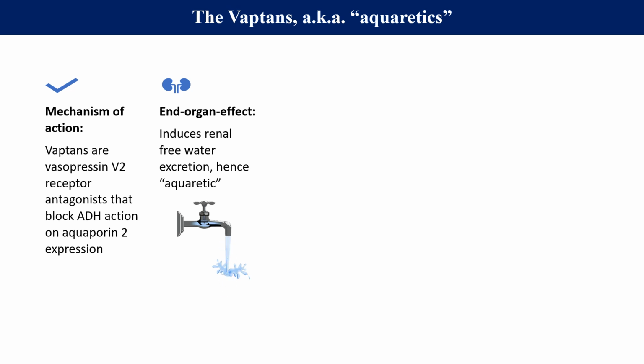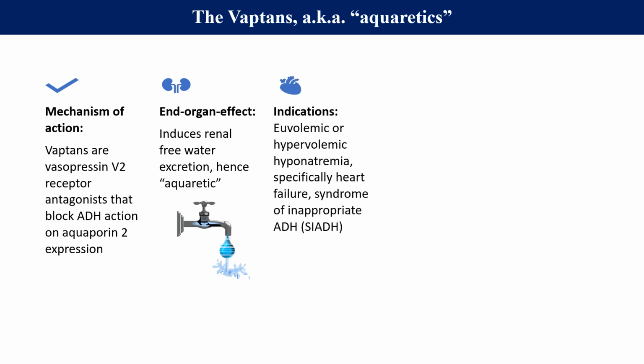Because vaptans block the action of ADH on water reabsorption, this class of medication is used for hyponatremia associated with inappropriate or dysregulated ADH states. The two conditions approved for use of vaptans include heart failure and syndrome of inappropriate ADH release.